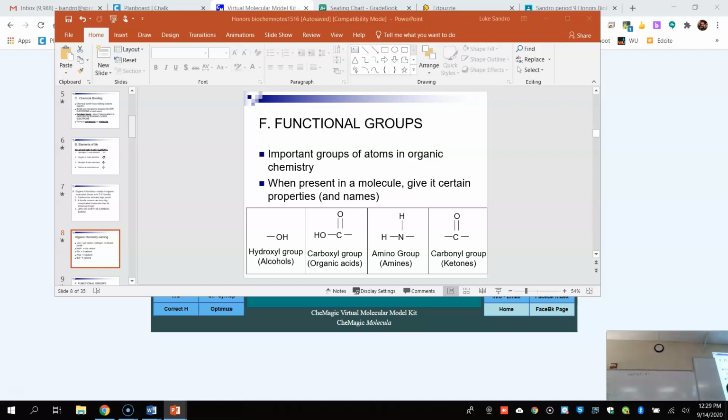What's interesting is with the physical kits, this means you have to start bending the bond. They have special flexible bonds for that. But in software, it's easier.